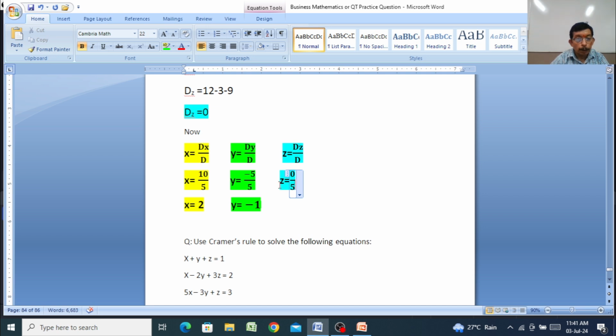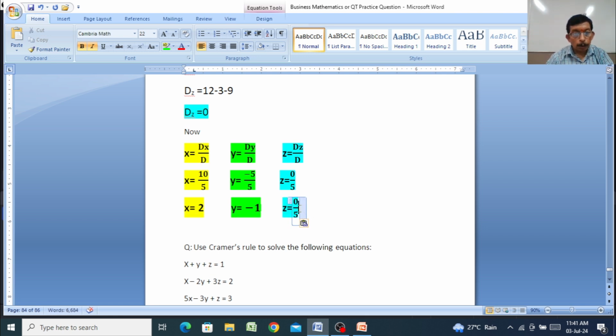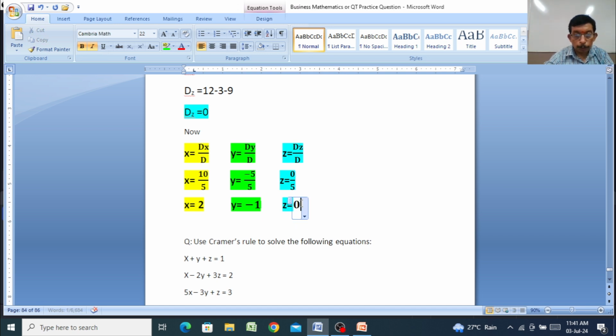The value of z is equal to 0. This is the final answer of the given equation.